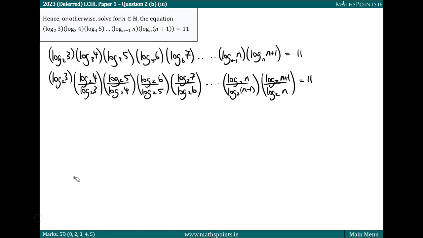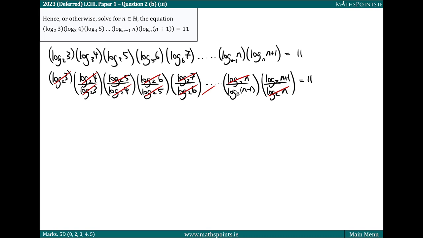So what I'm going to do is divide above and below by log 3 to the base 2, by log 4 to the base 2, by log 5 to the base 2, and so on. So I added in a couple of extra ones here. This log 7 to the base 2, if I divide it above and below, it would cancel with a term that was there. And similarly, we can see that this log n to the base 2 would cancel with this log n to the base 2.